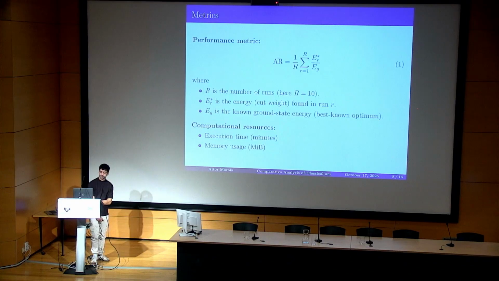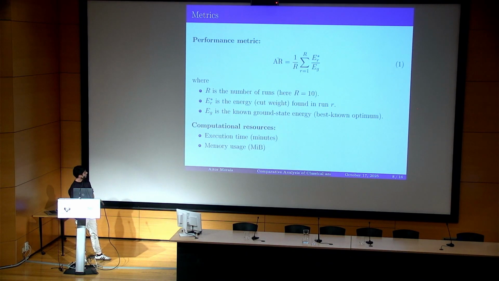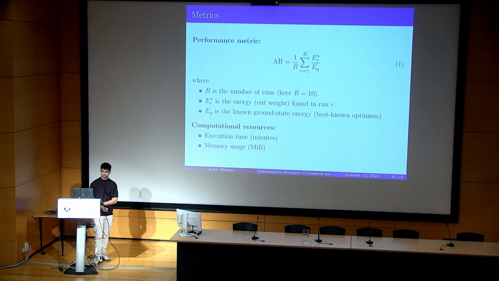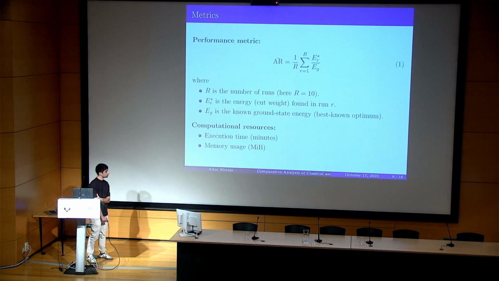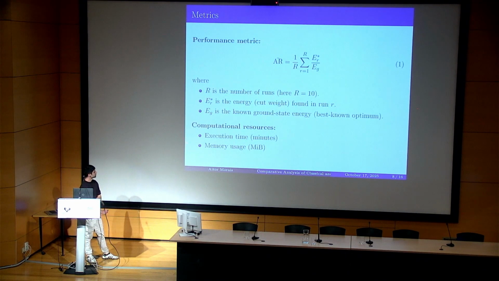The first one is the approximation ratio. Here is the formula. R is the number of runs, in our case 10. E sub r star is the energy obtained in each run, and E sub G is the known ground state or the best known optimum. We also record the execution time in minutes and the memory usage in megabytes.